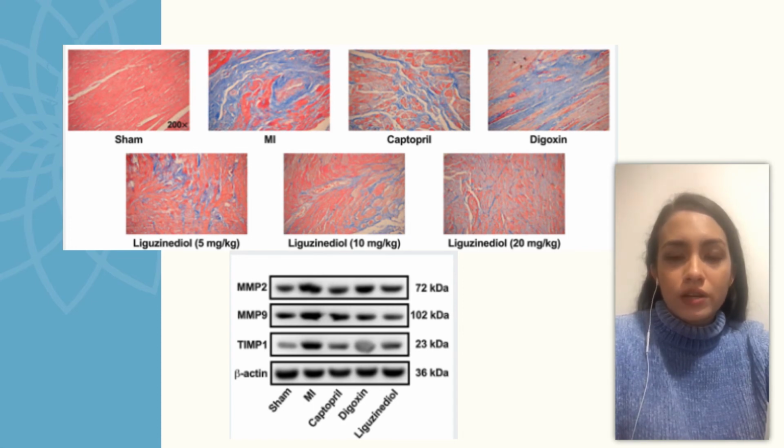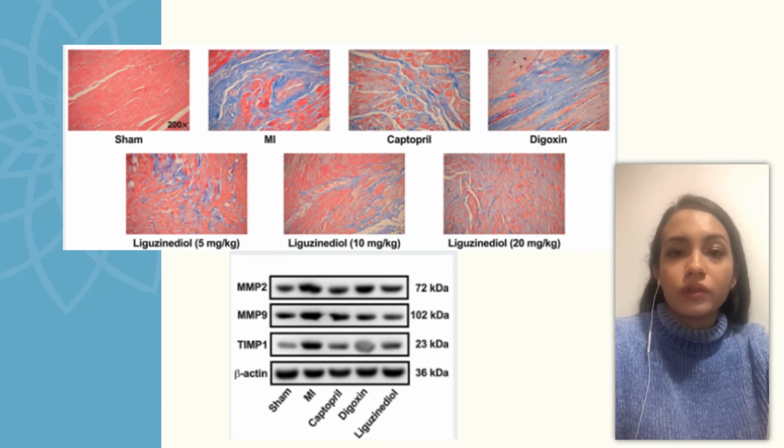The increased expression of matrix metalloproteinases MMP2, MMP9, and TIMP1 in heart failure and myocardial infarction were related to the deterioration of systolic function and the expansion of the ventricular cavity.